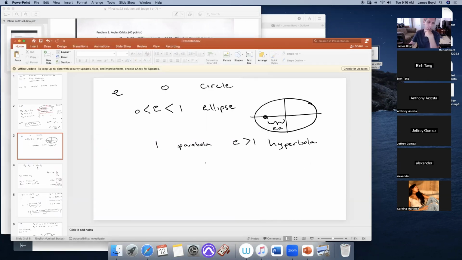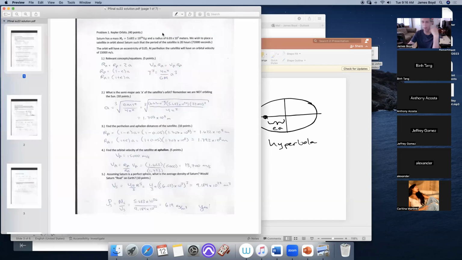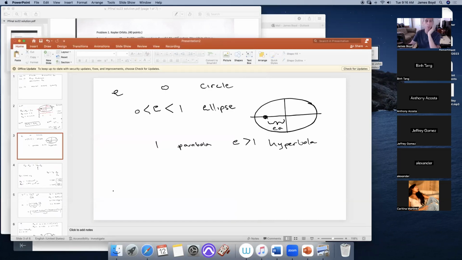Now, the final thing I asked on this, and I probably will not ask it on the final, I may, because you should know this from fluids. The density of anything is its mass over its volume. If we assume it's uniform and a sphere, the volume is 4/3 pi r cubed.